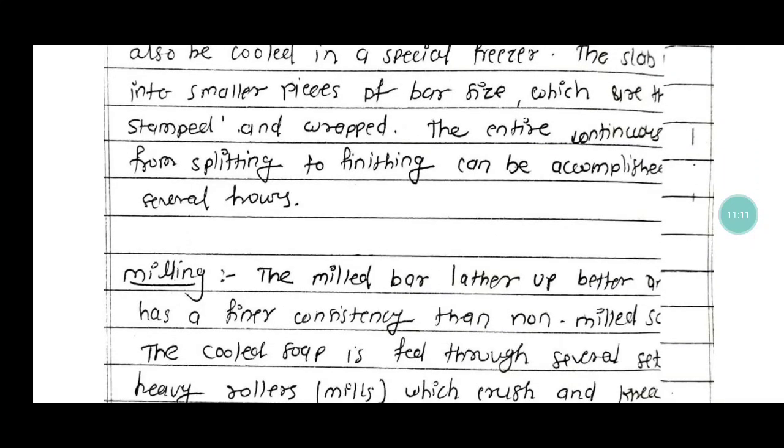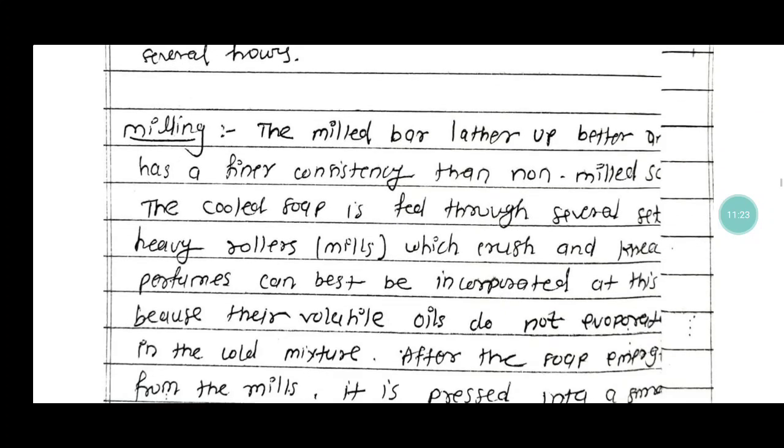And lastly, milling. A milled bar lathers better and has a finer consistency than non-milled soap. The cooled soap is fed through several sets of heavy rollers, mills which crush and knife it.